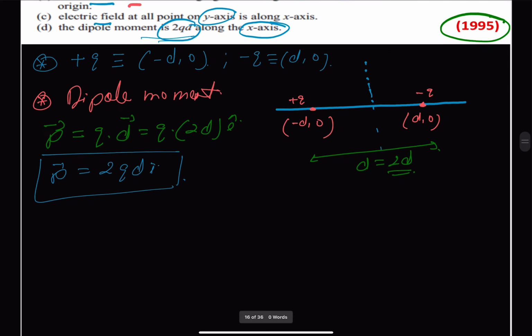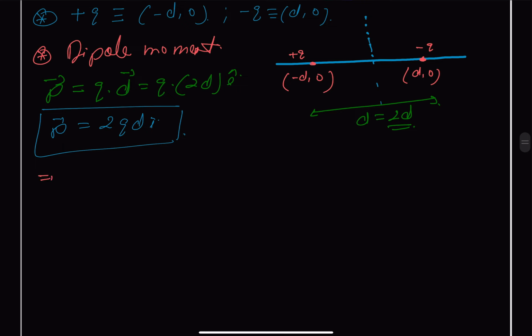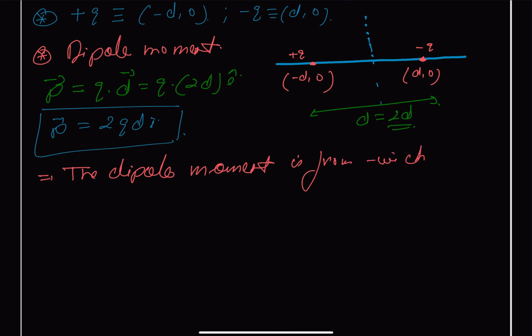So we can say the dipole moment is from the negative charge to the positive charge, that is along negative x-axis.